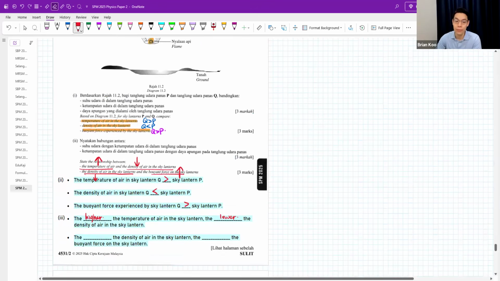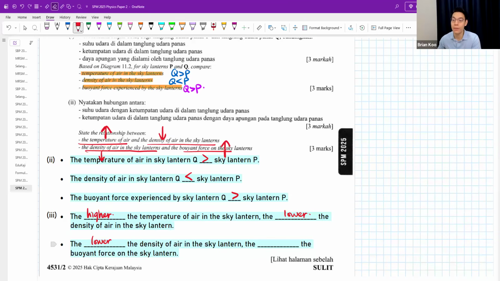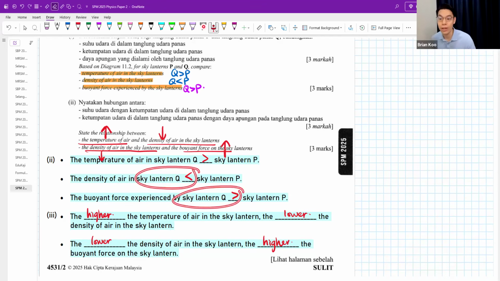Yeah. The lower the density of air in the sky lantern, the higher the buoyant force. You can just use this to answer also. Lower density for Q, higher buoyant force for Q. Okay, you can use all this answer.